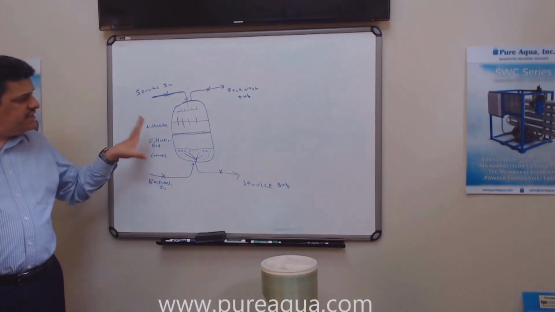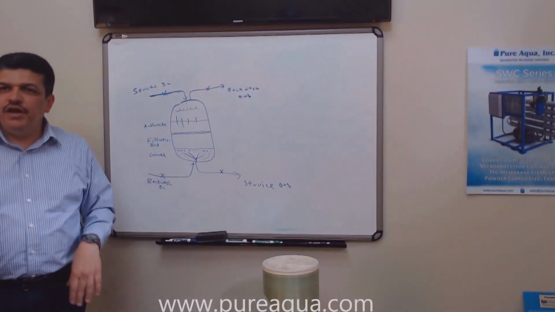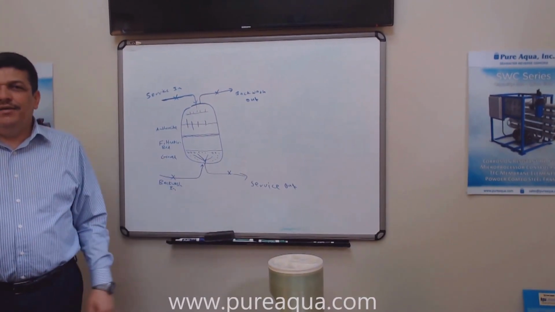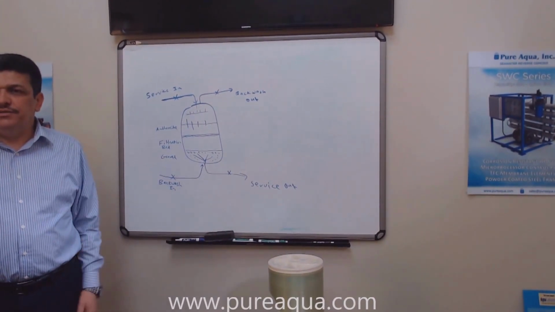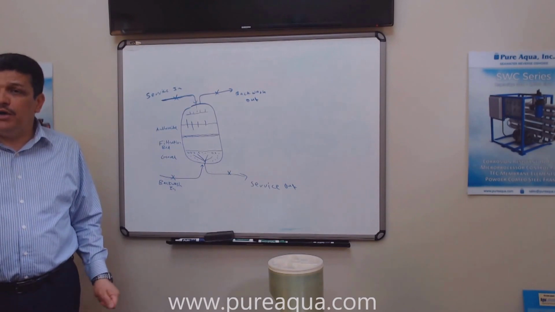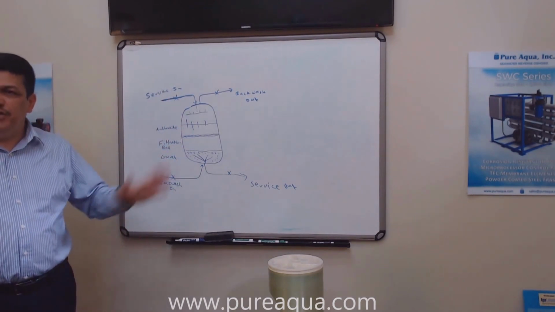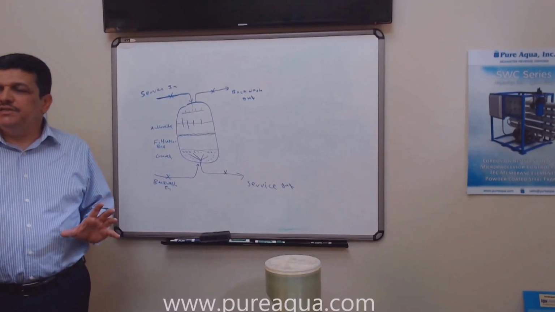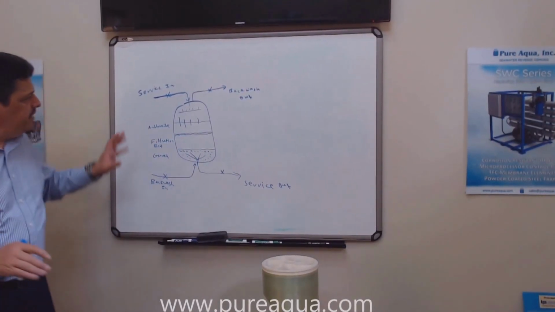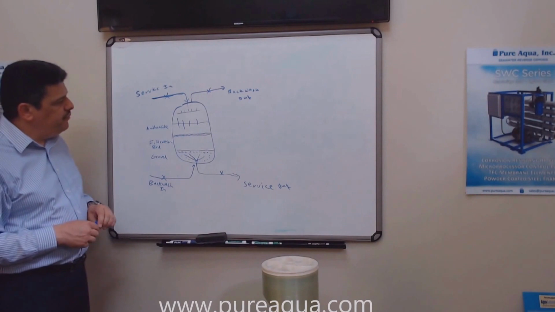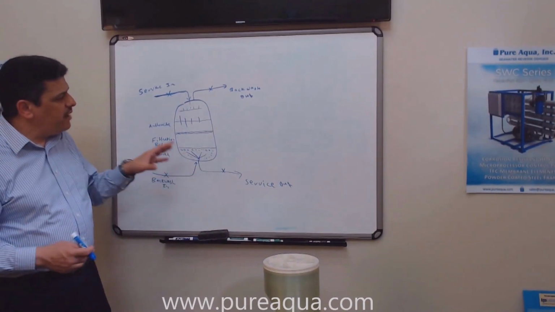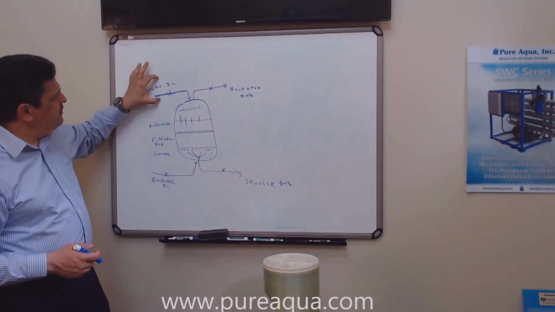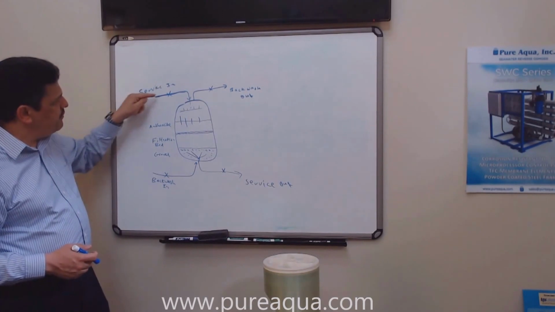Now this is a good design if you're going to use the media filter for a non-drinking water application. So if you want to use it for pool water, 4 valves are enough. No need for a 5th valve. The 5th valve is called the rinse valve. That means when we're going to do the rinse, which is right after the backwash, we open this valve, so we still feed the water from here.